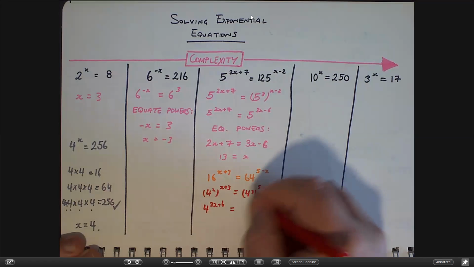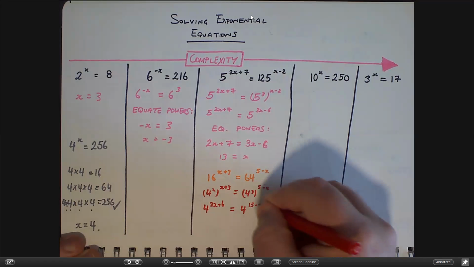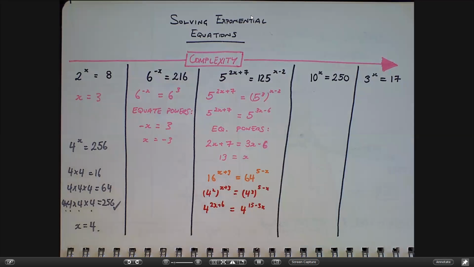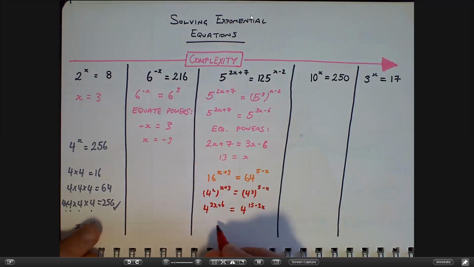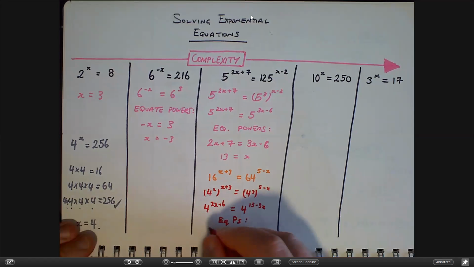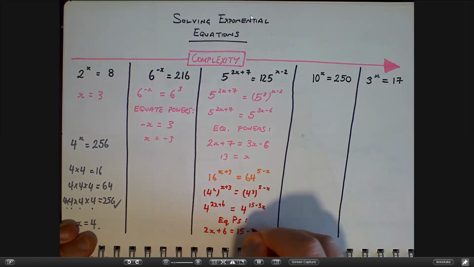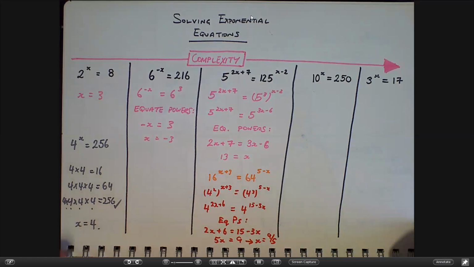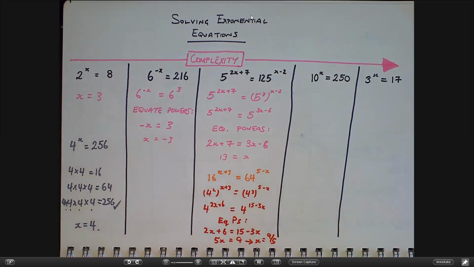And this one's going to be 4 to the 15 minus 3x. Now I'm ready to equate powers. And so I'm going to set 2x plus 6 equal to 15 minus 3x. So I'm going to have 5x equals 9 and x equals 9/5.